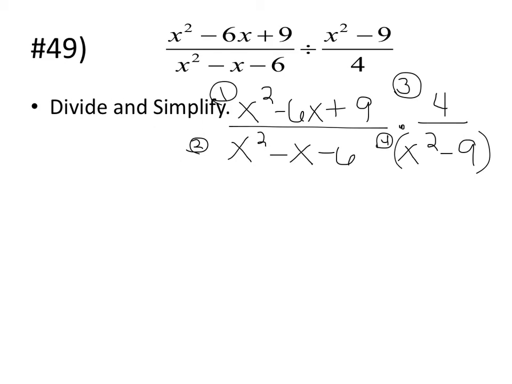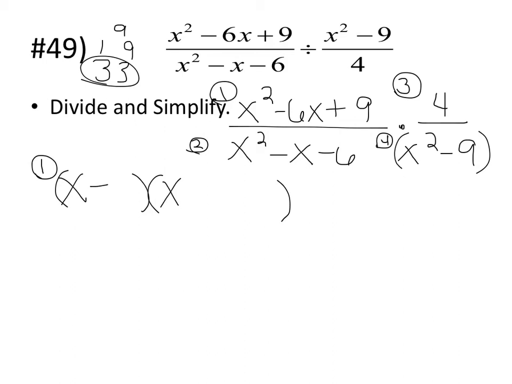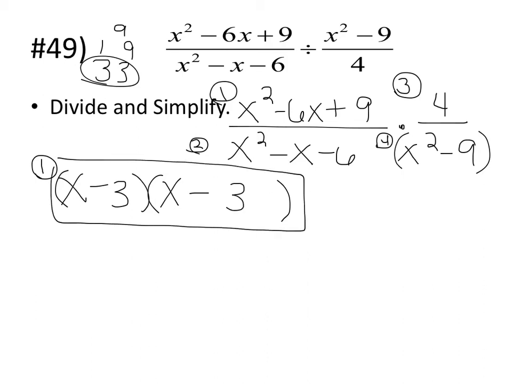Alright, so first we're going to factor 1. So I need the factors of 9 that give me 6, which is going to be 3 and 3. So I've got an x here and an x here. Minus, minus, because if your first sign is subtract, you change your second sign. And 3 and 3. So that's number 1.